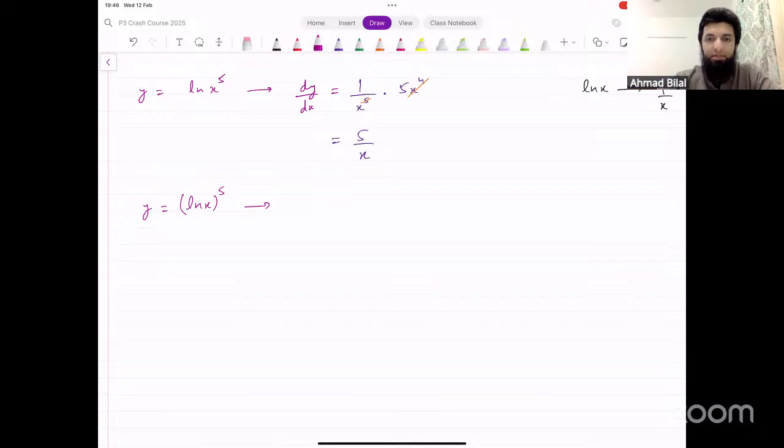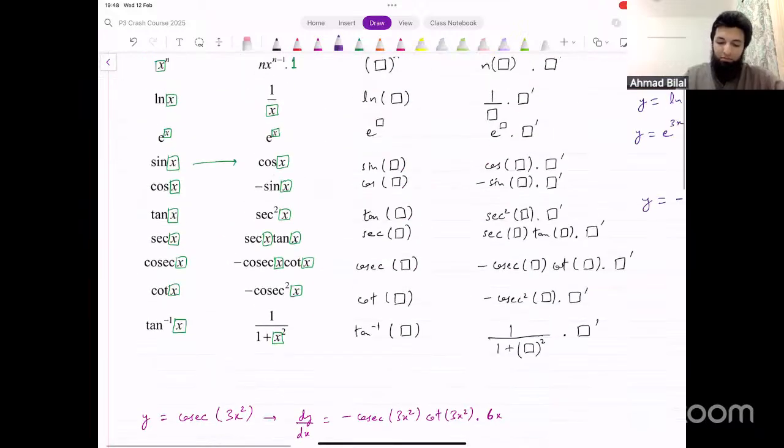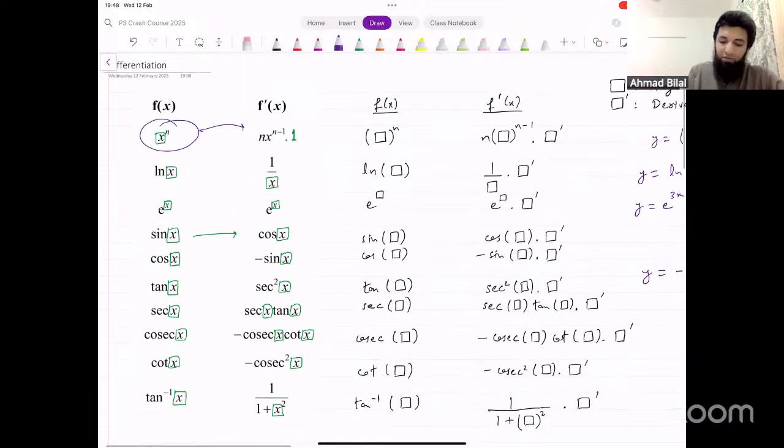Now, in this case, you see the outer function is the power function. In the previous case, it was the log function. Now, in this case, the outer function is the power function. So the rule that is going to apply here is going to be the power rule, right? So what's the power rule? This one. That's the rule that applies.